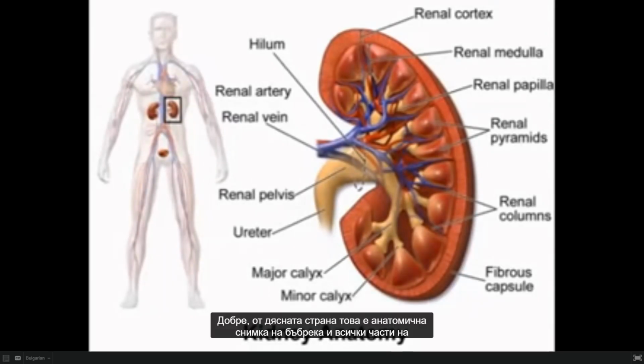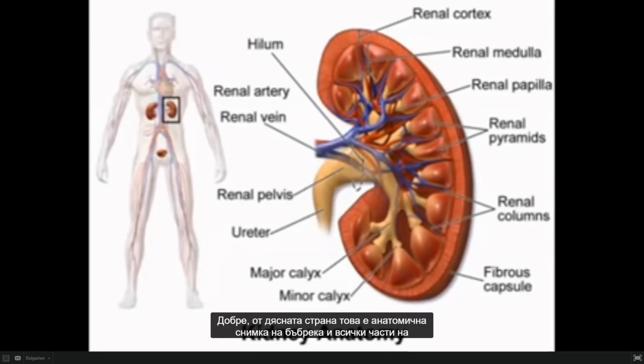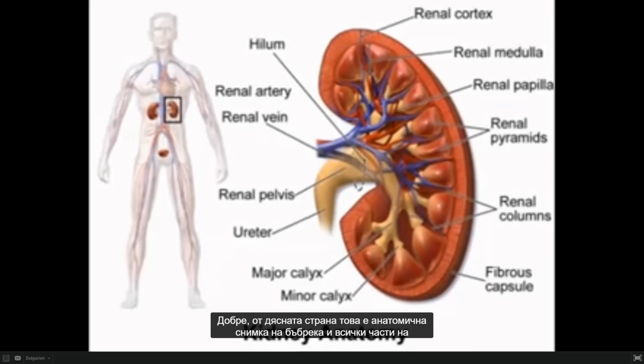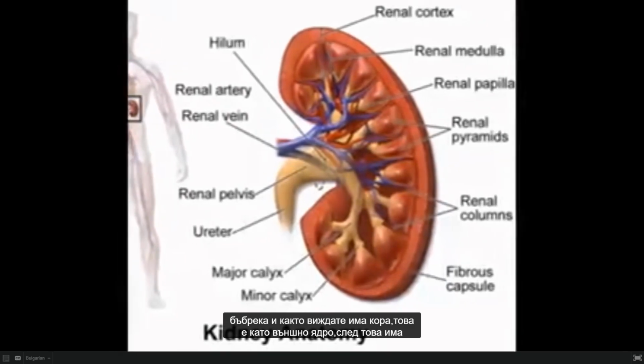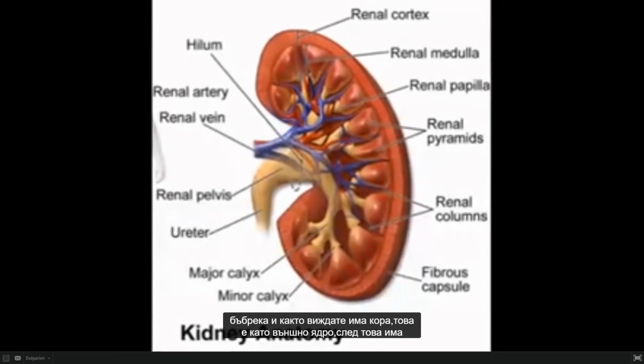Okay, on the right side, this is an anatomical picture of the kidney and all parts of the kidney, and as you see, you have a cortex. This is like the outer core. And then you have a medulla.